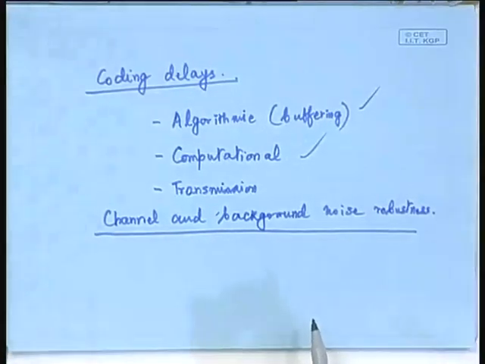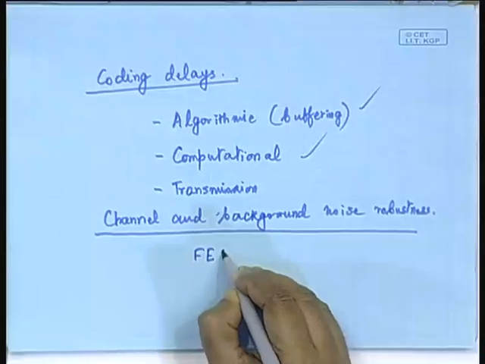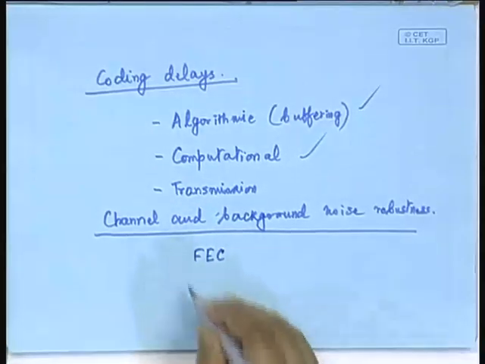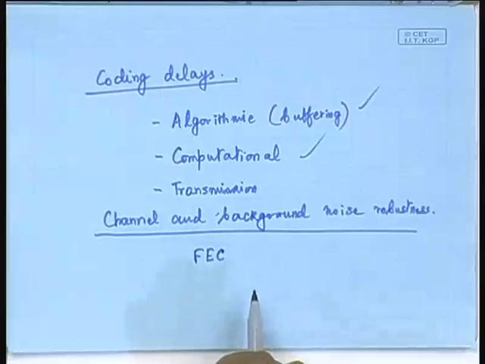Now, typically the source coding of speech requires only a fraction of the total channel capacity, because in order to make it somewhat robust against errors, we generally incorporate some forward error correction codes, or what we call the FEC.